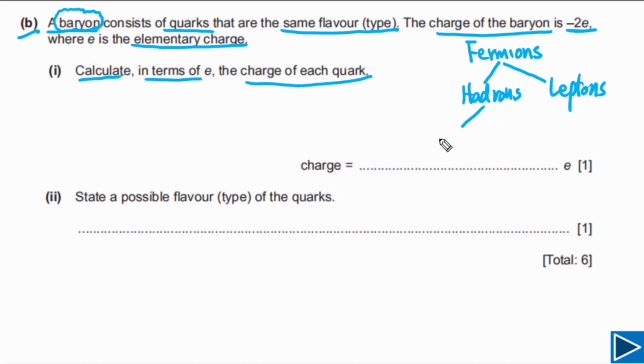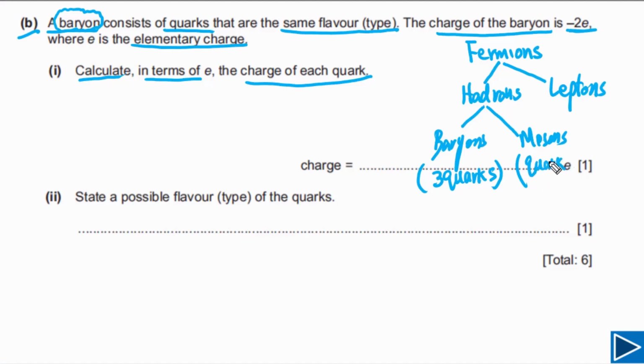Hadrons can be classified into baryons and mesons. Baryons consist of 3 quarks. They can be quarks or they can be antiquarks. Mesons consist of a quark and an antiquark.